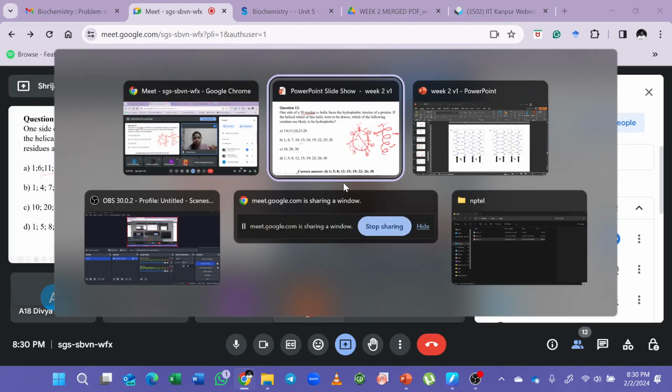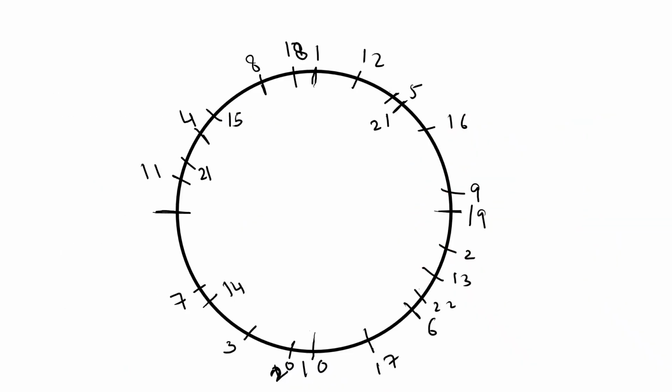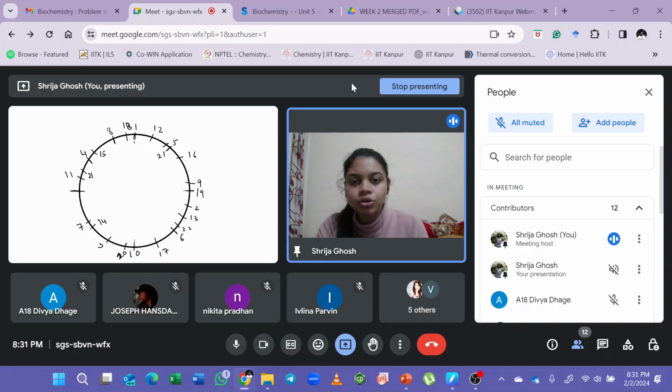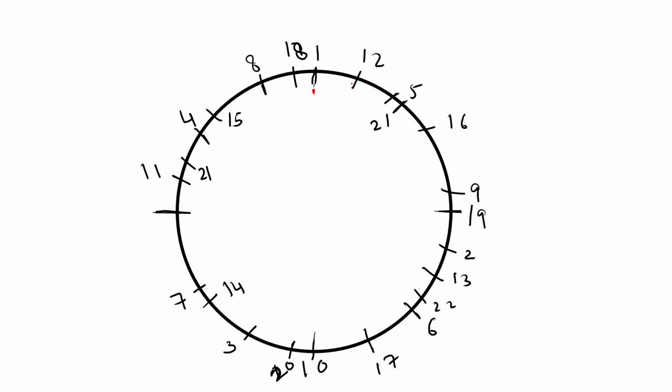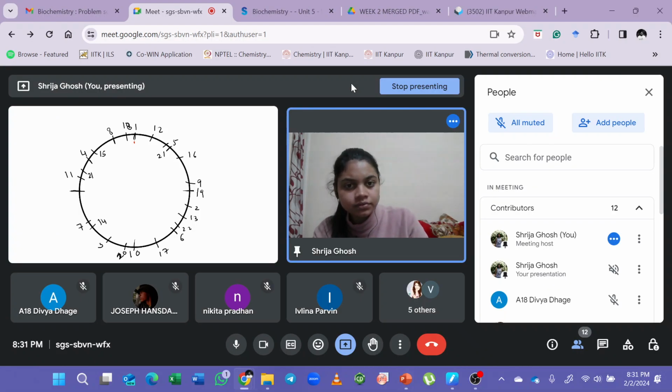So, if you see here, I have drawn a helical wheel for your reference. This is the first residue, then the second is here, then third is here, fourth is here. Now if you see the first option, what is the first option we have?